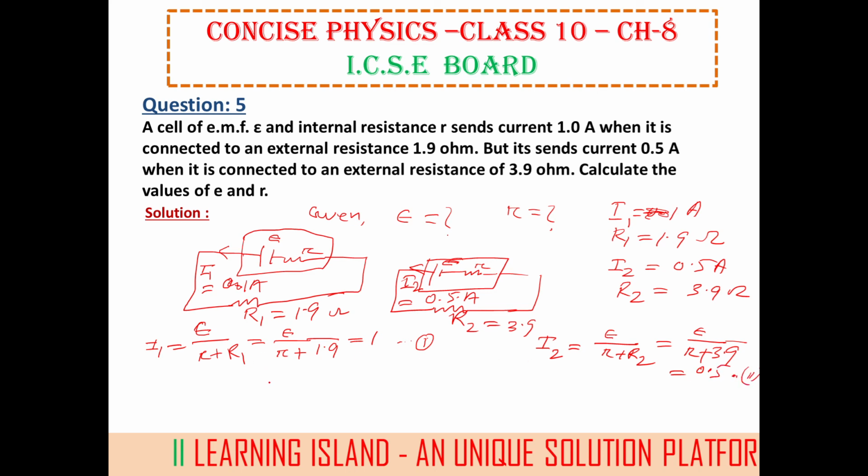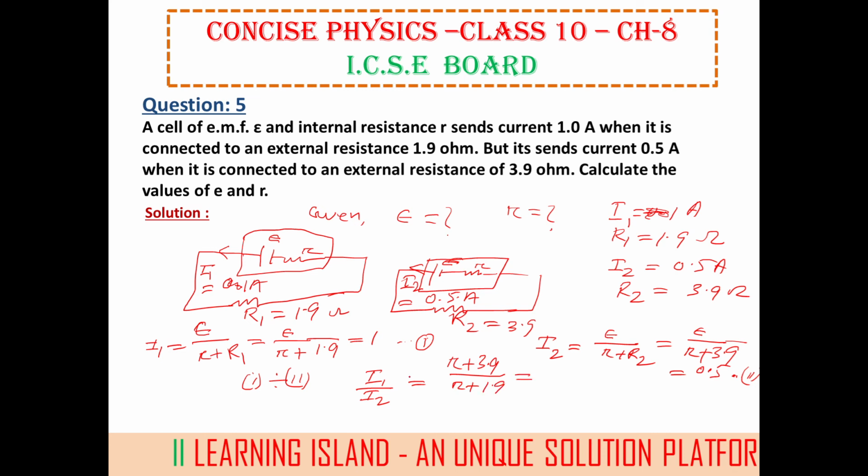If I divide equation 1 by equation 2, we get I1 by I2 equal to r plus 3.9 by small r plus 1.9.